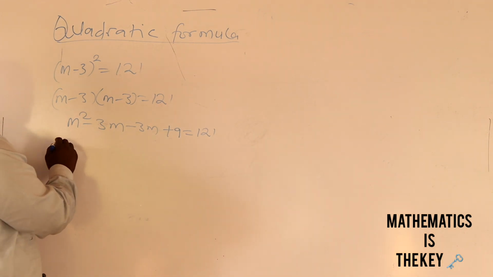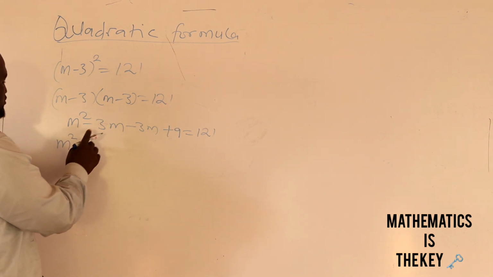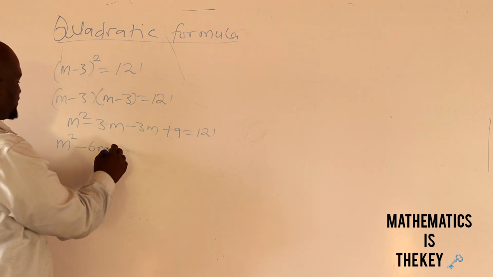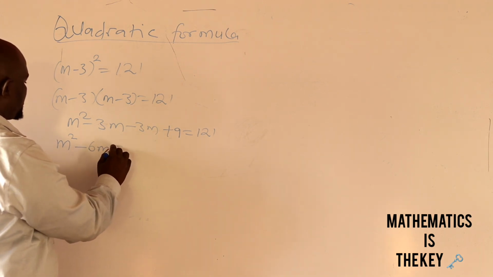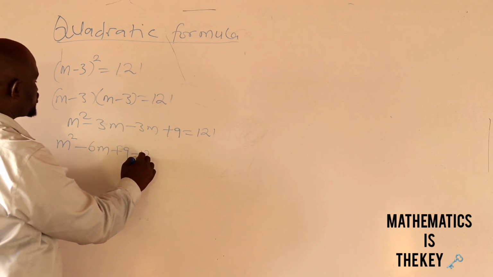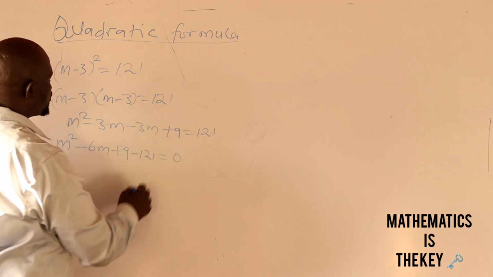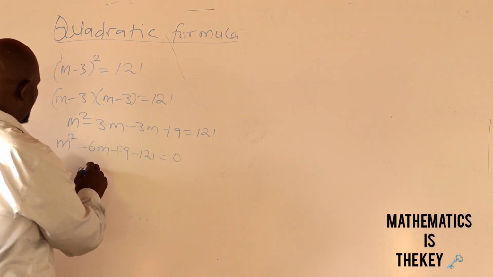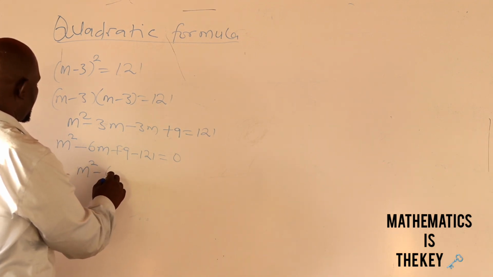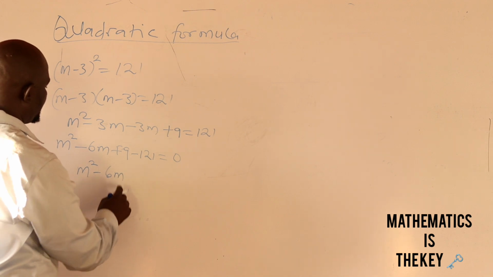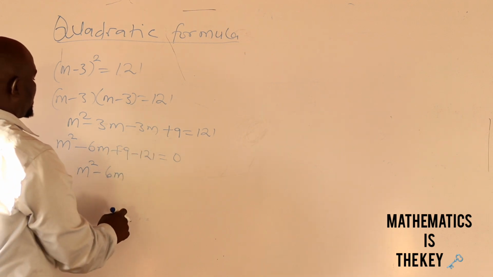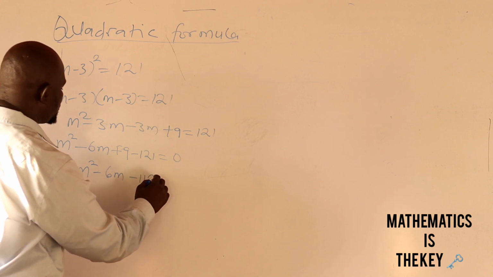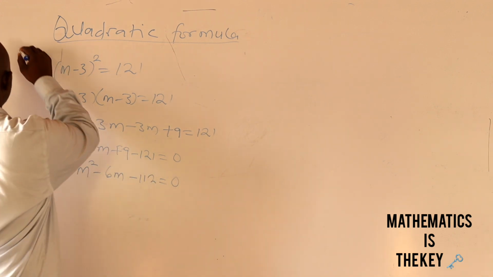Let us rearrange it. If you do so, we have m squared, minus 3m minus 3m is minus 6m. Then we have plus 9 minus 121 is equal to 0. So we have m squared minus 6m, and 9 minus 121 is minus 112, and is equal to 0.